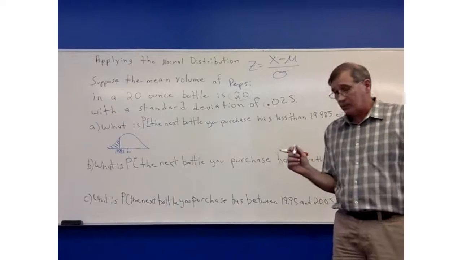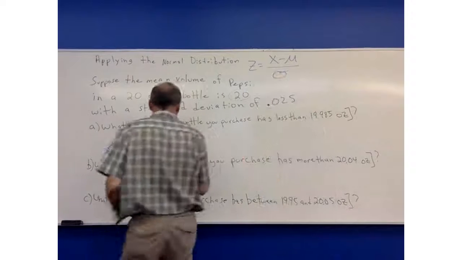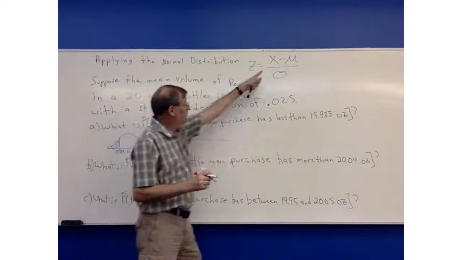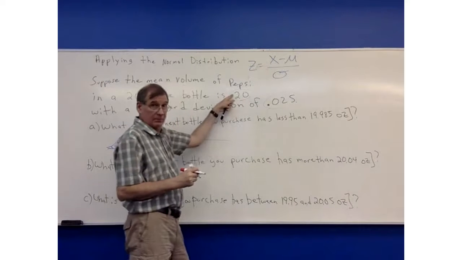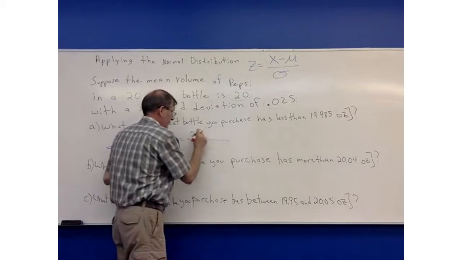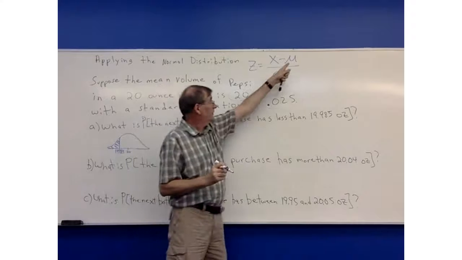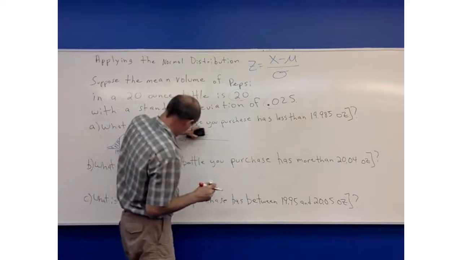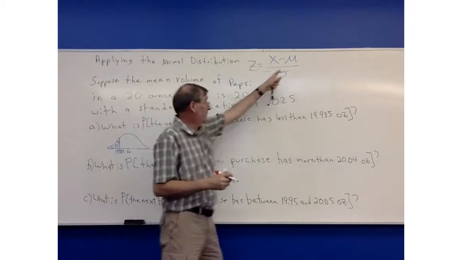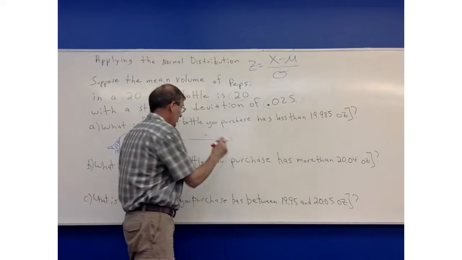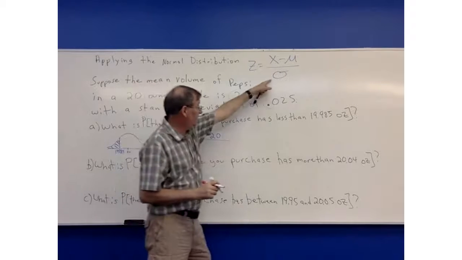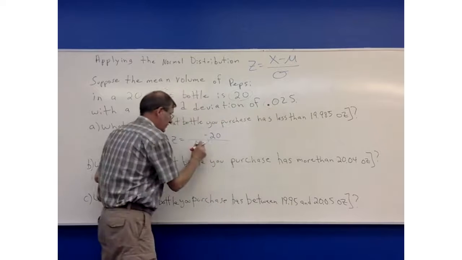Okay, so let's use the formula, and I'll show you what happens. Z equals, okay, mu comes from the problem. It's 20. Excuse me, I'm lying to you. Mu comes from the problem. It's 20. But you write it at the mu spot, not at the x spot. Sorry, I wrote the wrong spot. Sigma comes from the problem, 0.025.